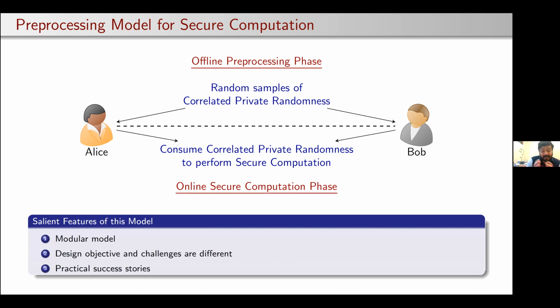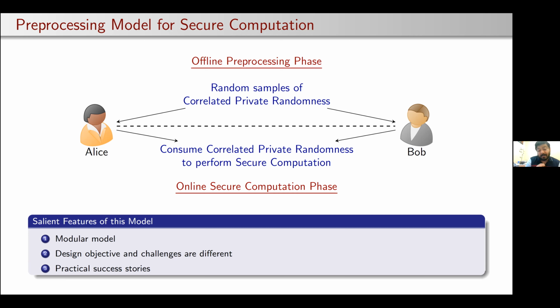Notice that this model separates the task of secure computation into two phases, the offline phase and the online phase. Each phase has its own objectives and challenges to address. And this is an extremely modular way of analyzing the efficiency and power of secure multi-party computation.